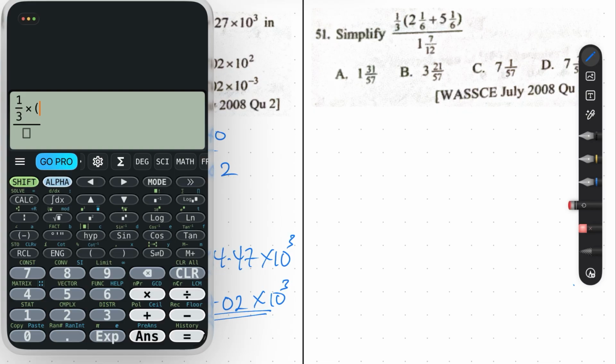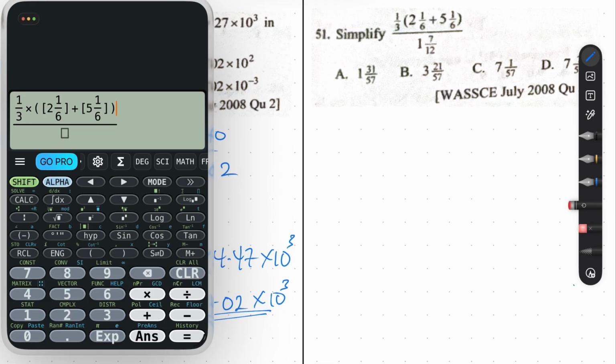Then we have the bracket. Then we have a mixed fraction, which is 2 whole number 1 over 6. Then we have plus another mixed fraction, which is 5 1 over 6. Let's close our bracket.